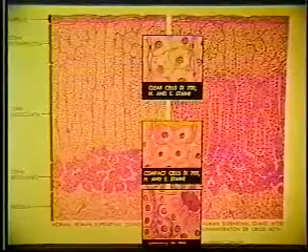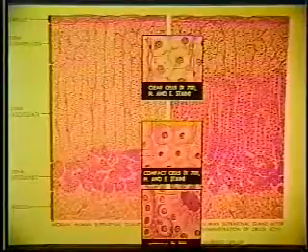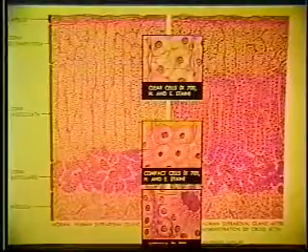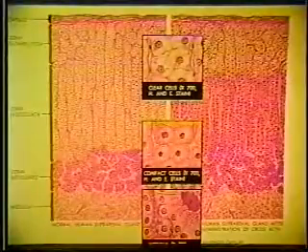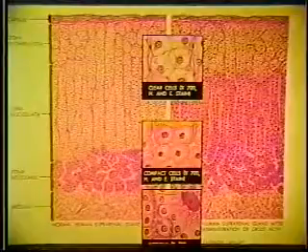So when we're talking about Cushing's, we're particularly interested in the zona fasciculata and its elaboration of the cortisol because of the hyperplastic change that occurs to this area in the setting of pituitary-dependent Cushing's.